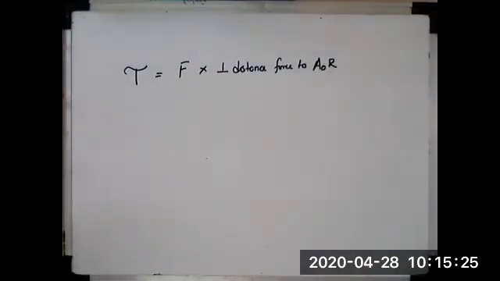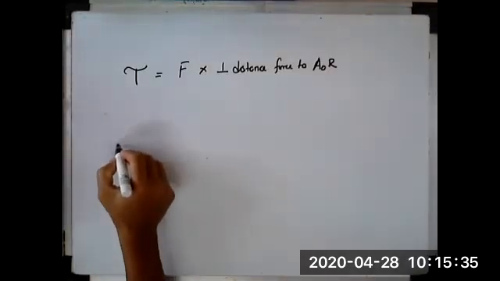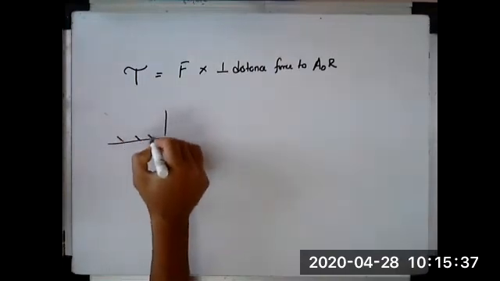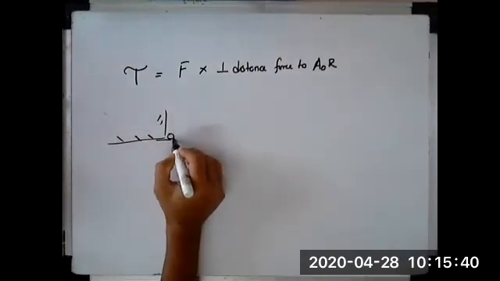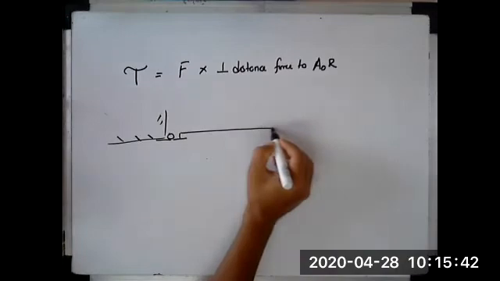Okay, so I'll just go over that quickly and also try to connect it with the idea of vectors, which is that we had taken the example of a door hinge. I'm just going to draw it in a simpler way today.